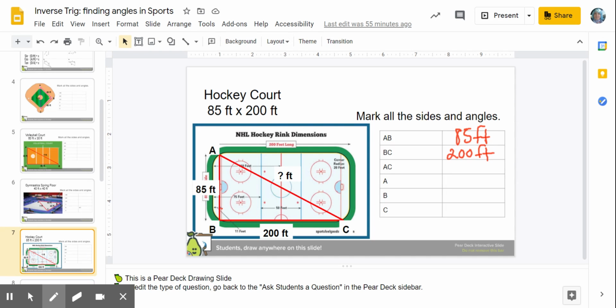And angle B is for sure the 90 degrees. So what do I want to do first? We can. How do I find the side? So I've got a squared, b squared, and c squared.